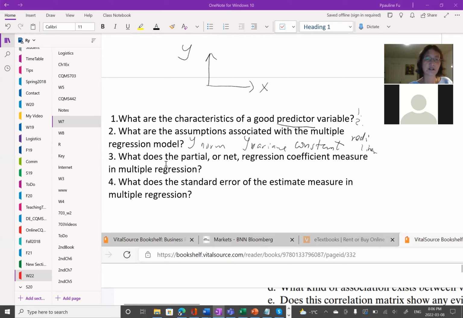Question 3, what does the partial regression coefficient measure in multiple regression?